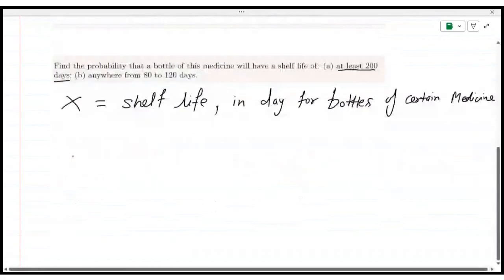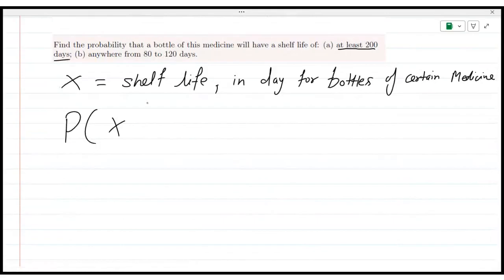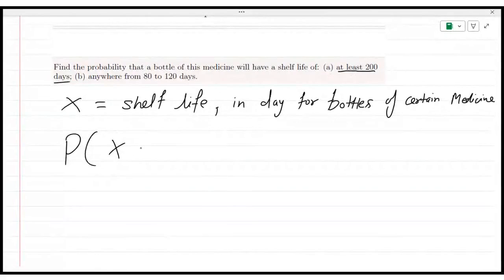What should we write here? It would be greater than or equal to 200 days. So we have to find what's the chance that the shelf life of this bottle of medicine will be at least 200. It means greater than or equal to 200, so either 200 days or more than 200 days, right?